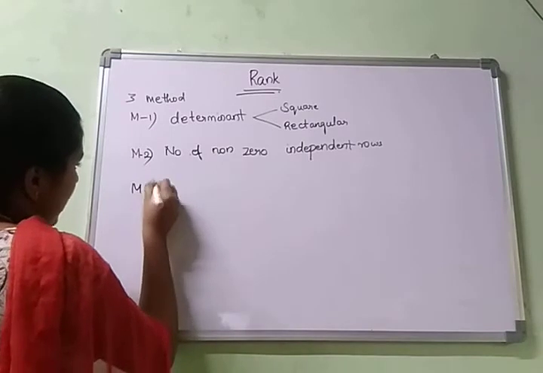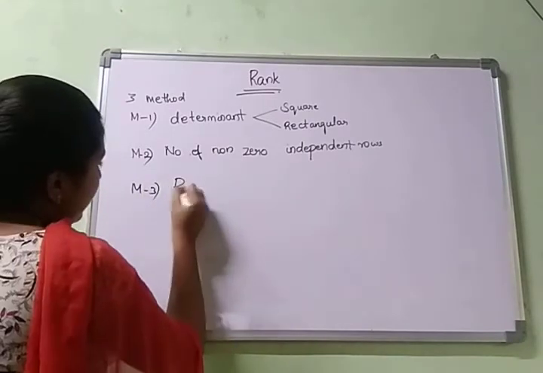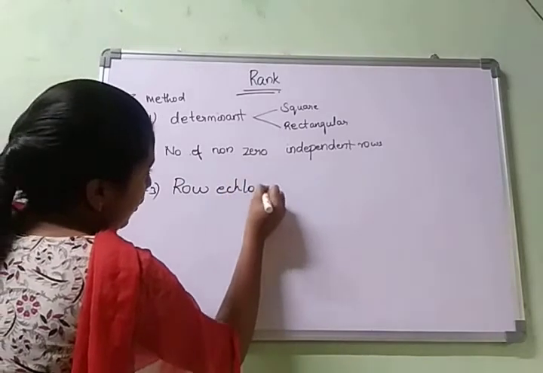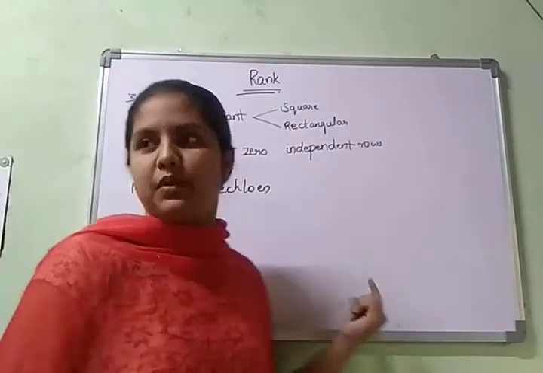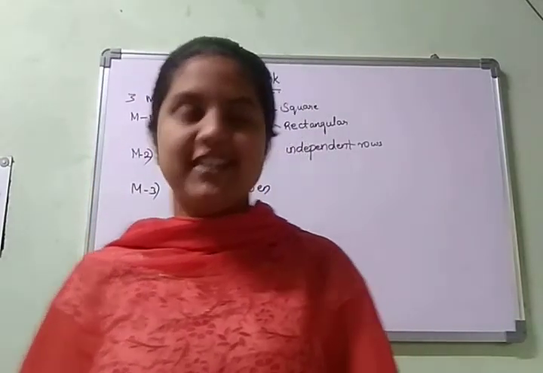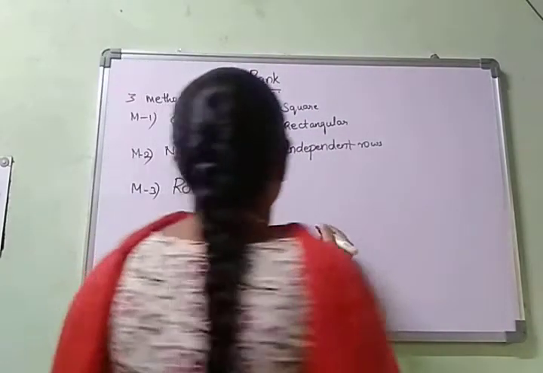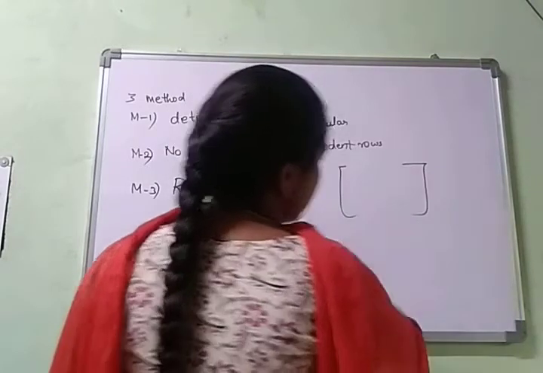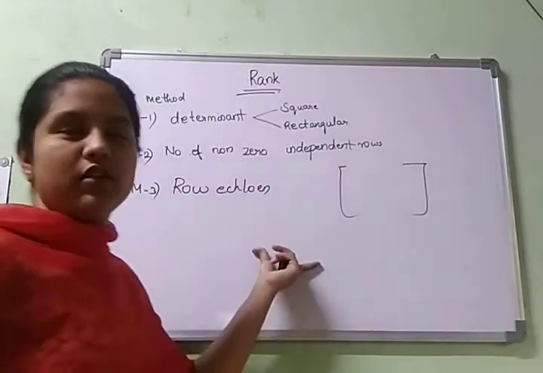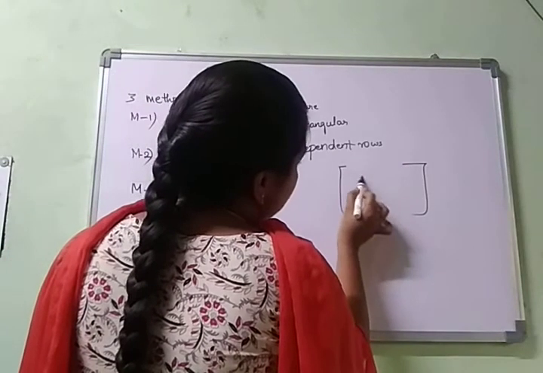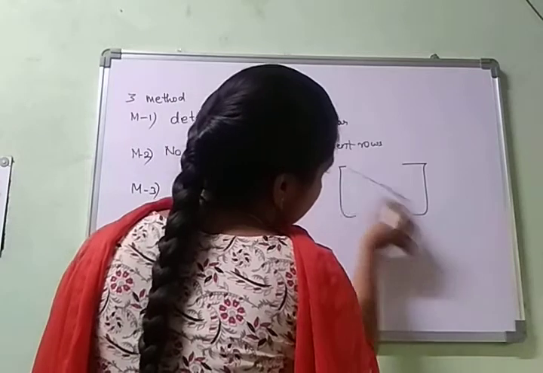Now method 3, the row echelon form. What is meant by the row echelon method? You may have the doubt, right? The row echelon form is, if we have some matrix, which may be a square matrix or a rectangular matrix, then we need to make it an upper triangular matrix.